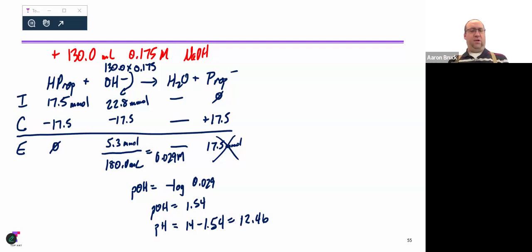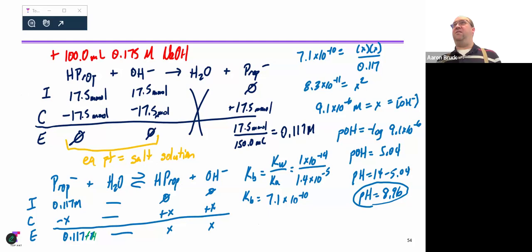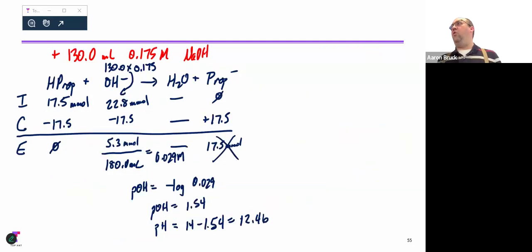Yeah, at 1 milliliter over, the pH would have jumped to 11.06. So at the equivalence point, it was 8.96. 1 milliliter over, it would have jumped to 11.06. 30 milliliters over, it's now 12.46.